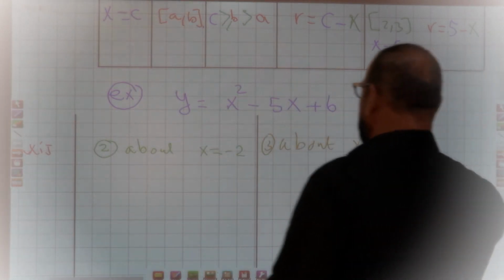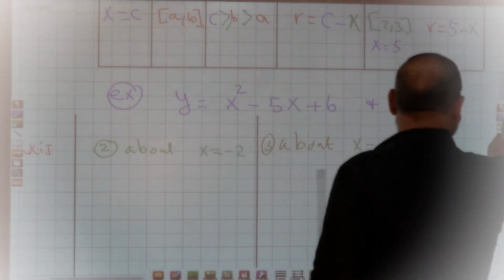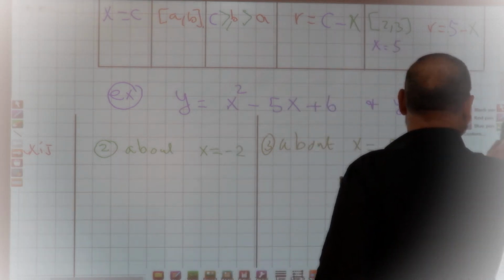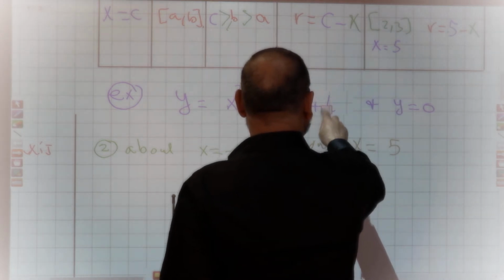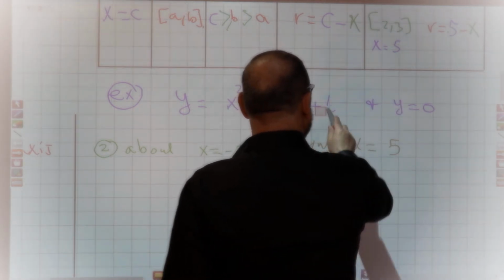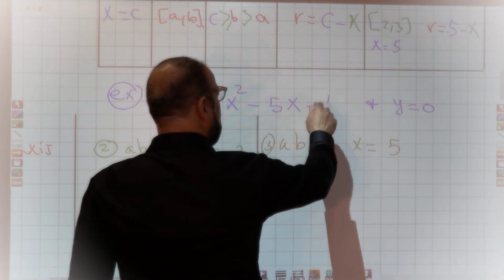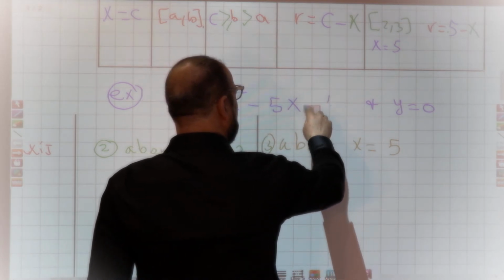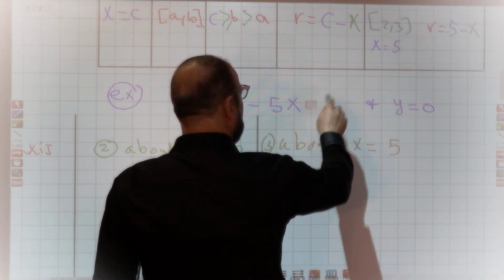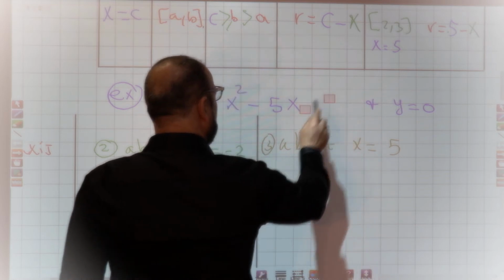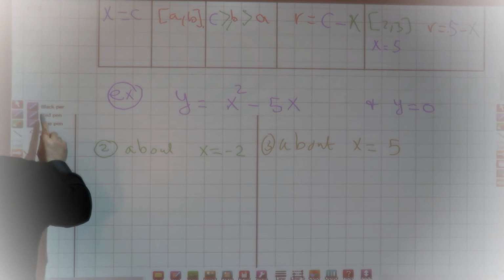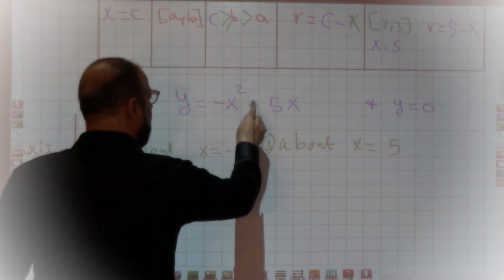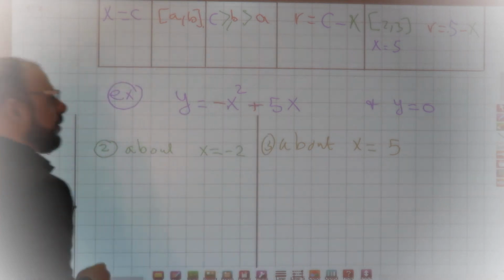I'm going to change this line. A small eraser. I'm going to change my function. Negative x squared plus 5x and y equals 0.